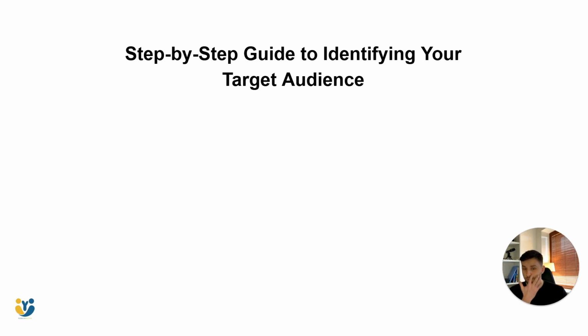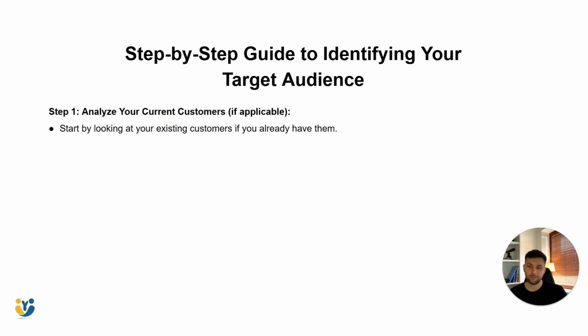Now, let's go over how to actually identify your target audience. Okay. Now, with that being said, I'm just quickly going to go over these steps and I'm going to show it to you on the screen so that you're not lost, right? So, step number one, you need to analyze your current customers if possible, right?